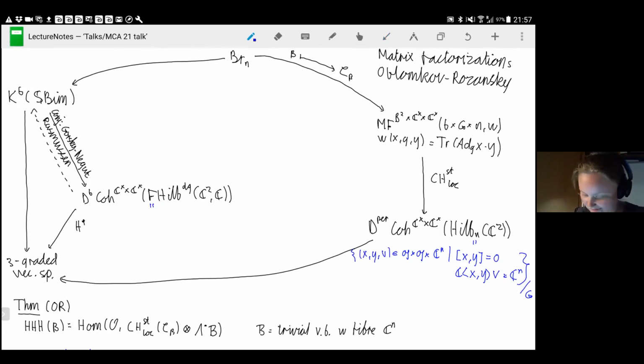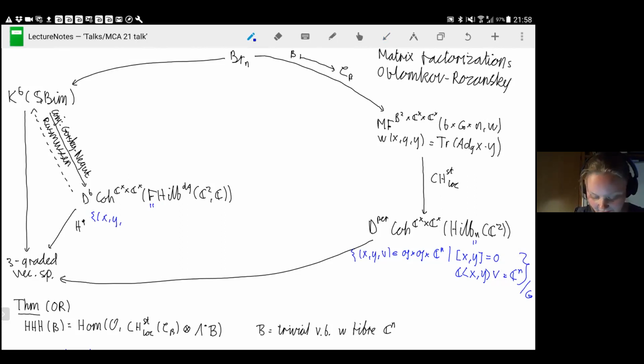The flag Hilbert scheme is something where, for your Hilbert scheme you had ideals, you now have nested ideals. In a similar way of writing things as I did for the Hilbert scheme, this slightly non-standard way of writing it, I can write it in the following way.